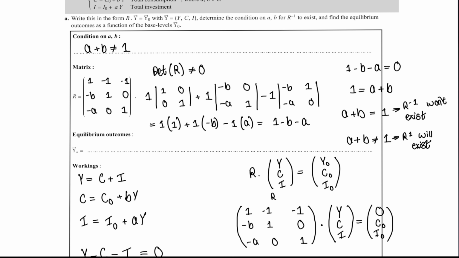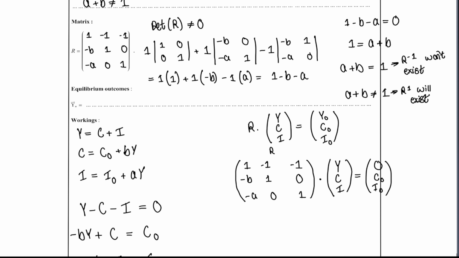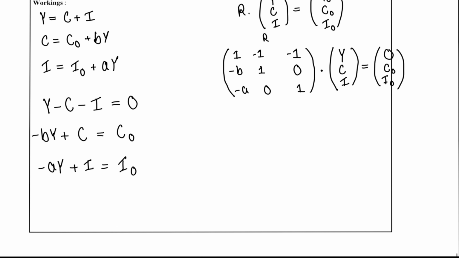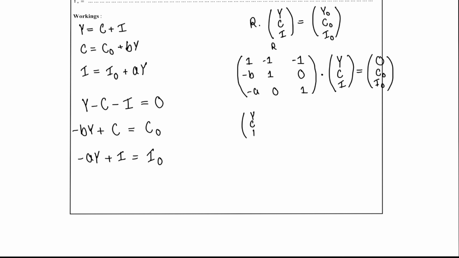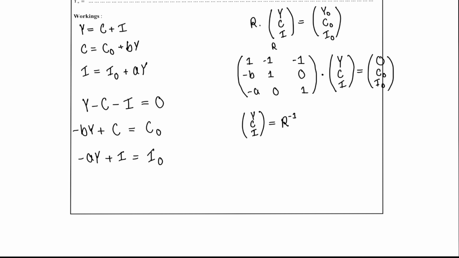And now we need to find the equilibrium outcomes as a function of the base levels of y0. Okay, in order to do this, we rearrange this equation, and we now solve for y, c, and I. In order to do that, we form the inverse of R and multiply that with y naught, c naught, and I naught.